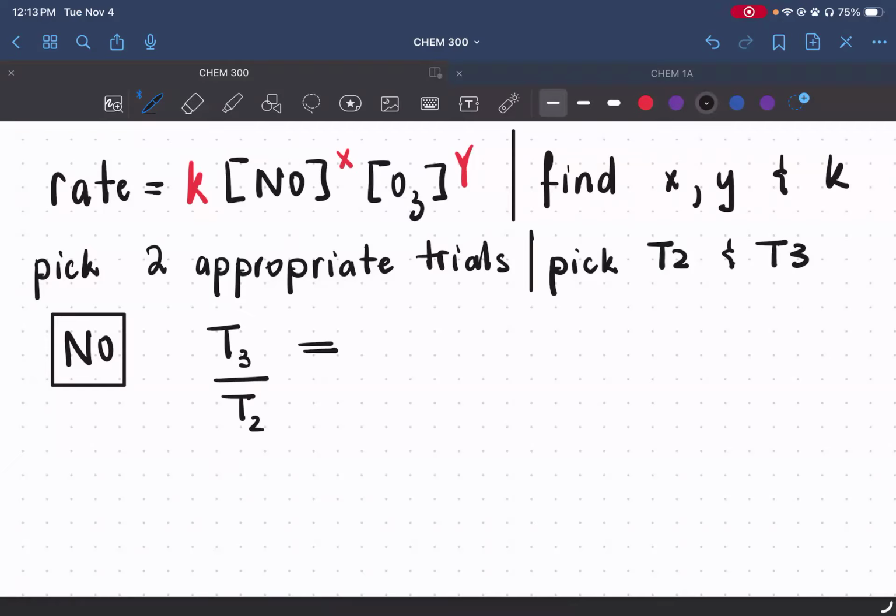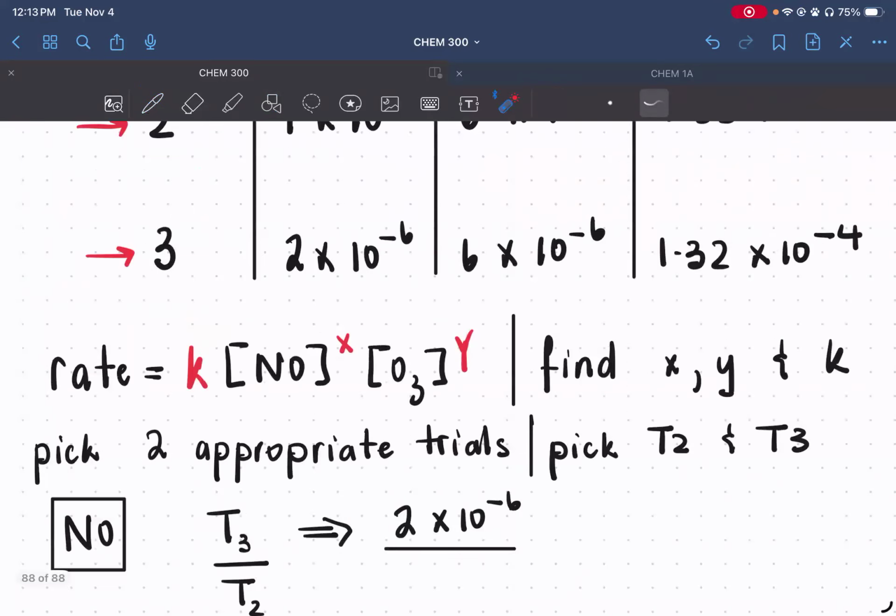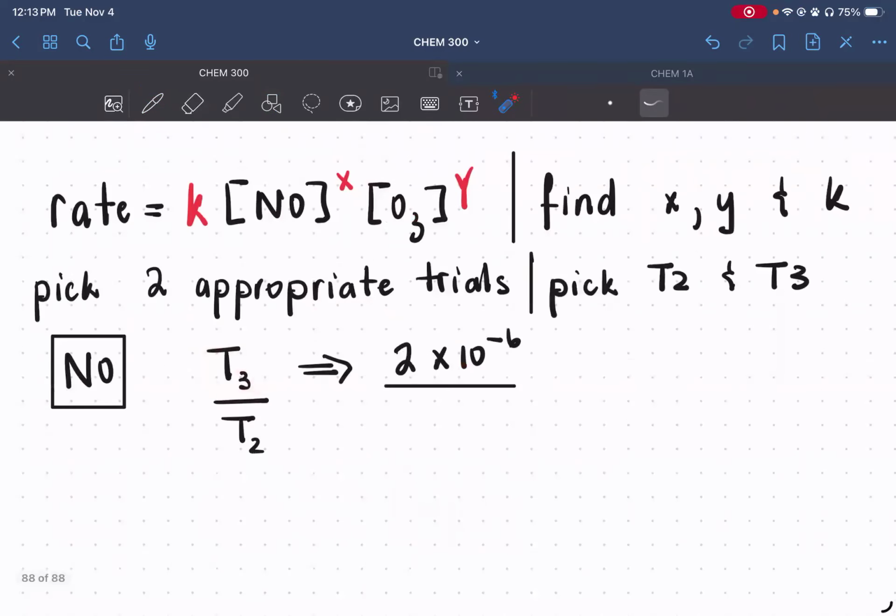Based on the given information, the concentration in trial 3 was 2 times 10 to the negative 6. Where does that come from? Straight from the table. It's in trial 3. In trial 2, the concentration is 1 times 10 to the negative 6. Why did I put trial 3 on top? Why not the bottom? Simply put, you tend to put the larger concentration on top. By putting the larger concentration on top, you avoid fractions.